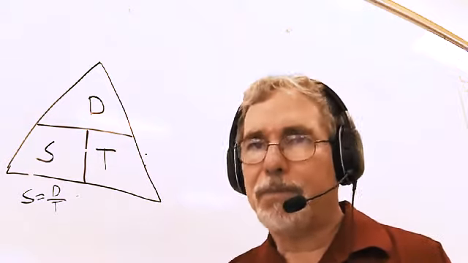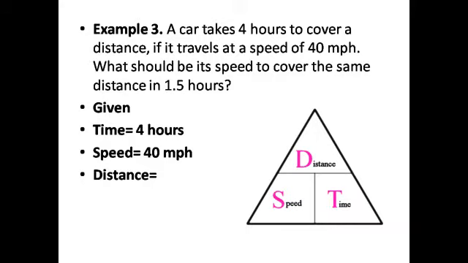And one last one, maybe a little more complicated. A car takes 4 hours to cover a distance if it travels at a speed of 40 miles an hour. Okay, they've given me speed and they've given me time. What should be its speed to cover the same distance in 1.5 hours?